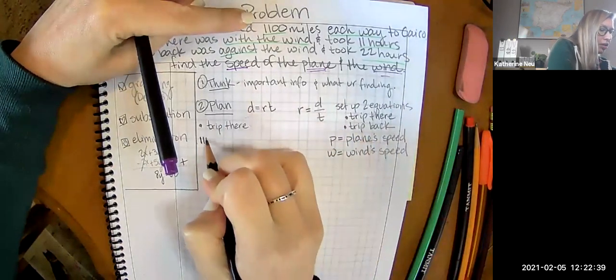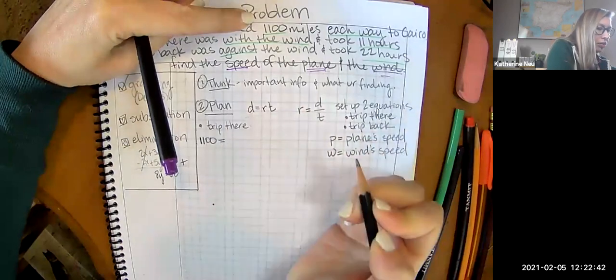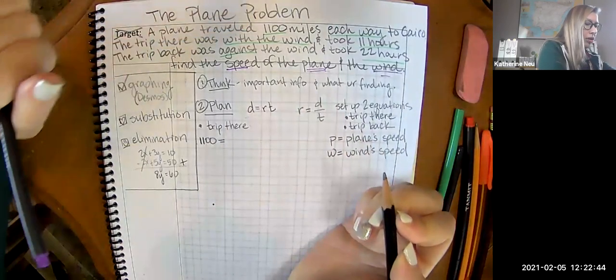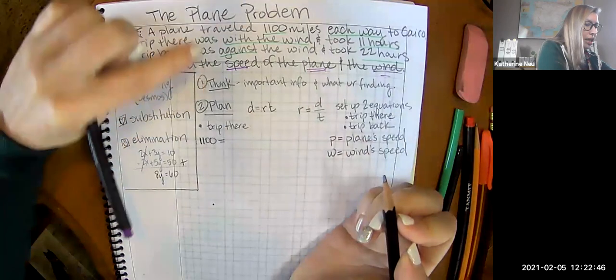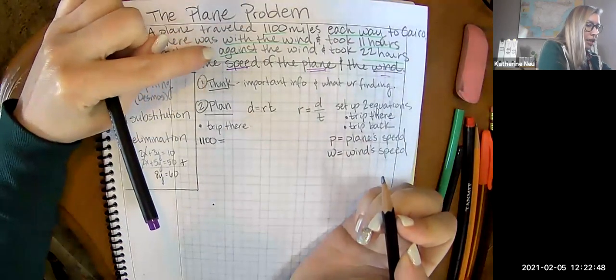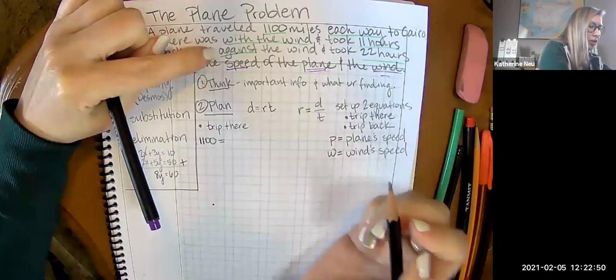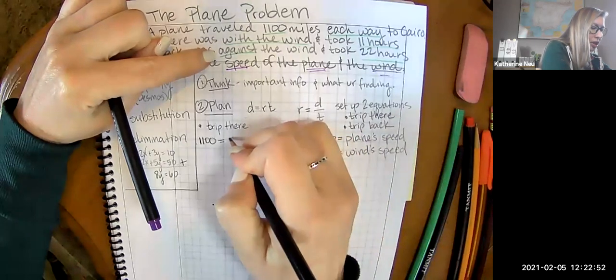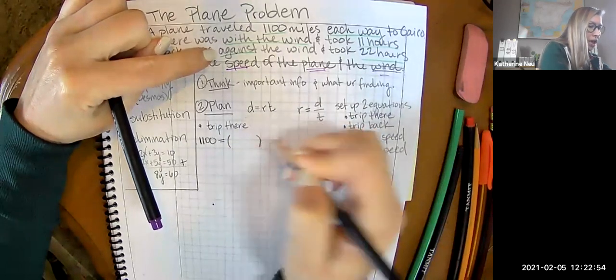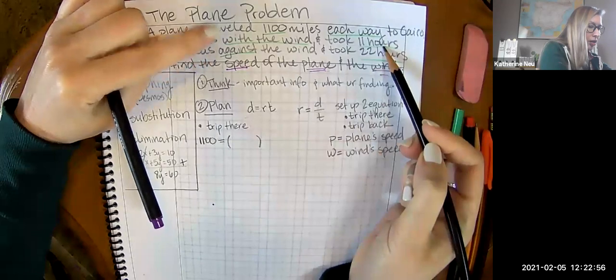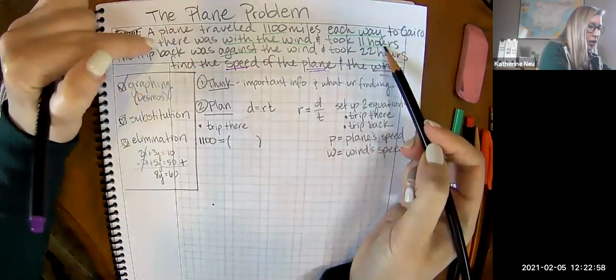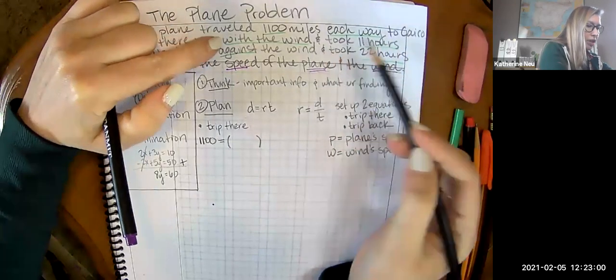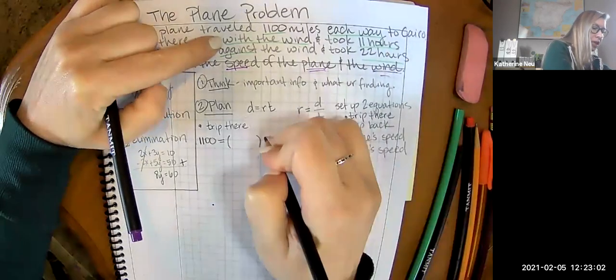Distance equals the rate, in this case, I'm just going to leave some parentheses for rate really quick. And how long did it take? With the wind was 11 hours. Okay, so this one's 11 hours.